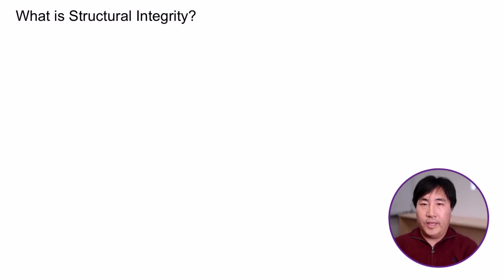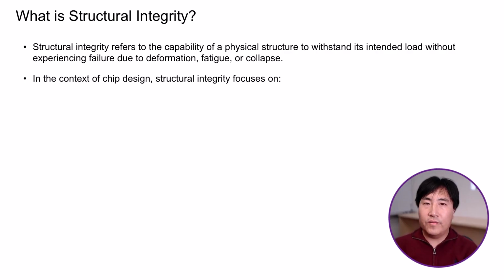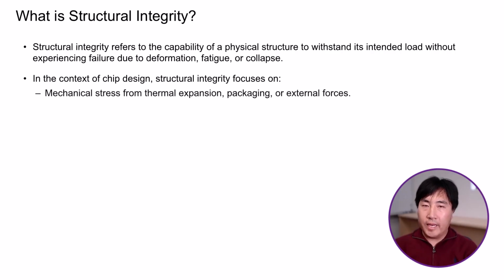So, what is structural integrity? It is a structure's ability to resist failure, whether from stress, deformation, fatigue, or collapse, under expected operating conditions. In the context of multi-die system design, structural integrity hinges on mechanical stresses from temperature shifts, packaging constraints, and external forces.